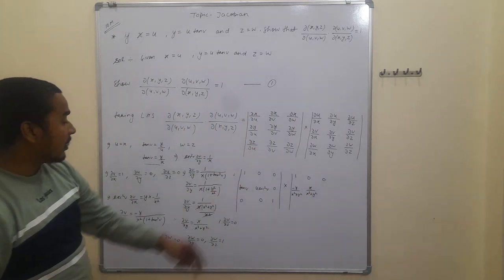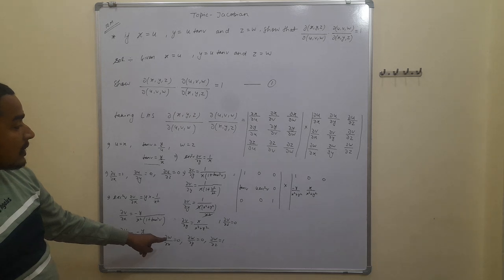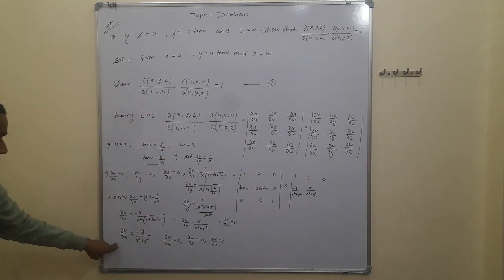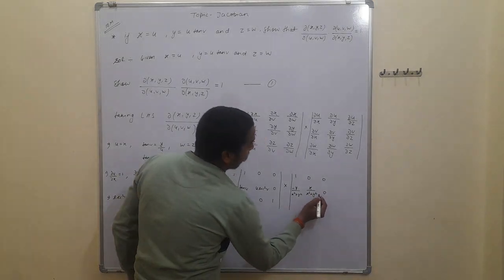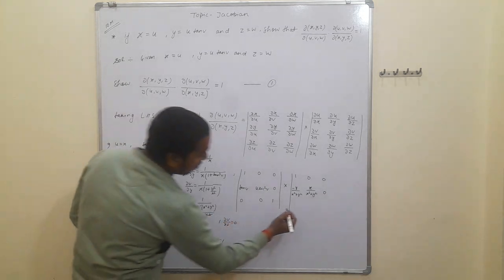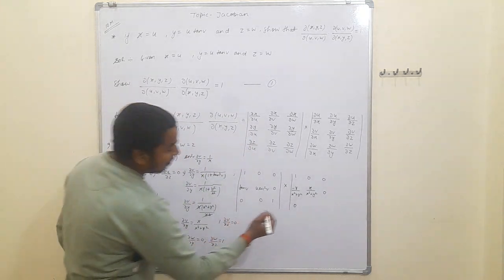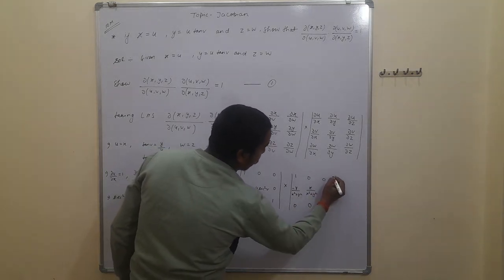Once again, del v upon del z is given by 0, and del w upon del x is also 0, and del w upon del y is also 0, and del w upon del z is 1.